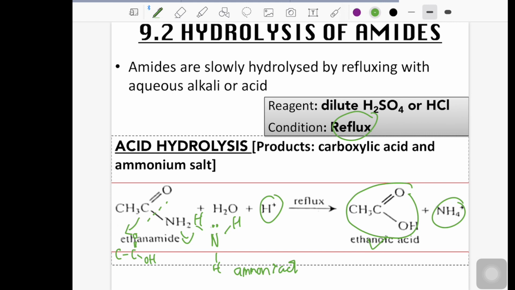So ammonia as a base will pick up the H plus to become NH4 plus. This happens to any amine that you use, whether it's ammonia, primary or secondary amine. If it is an amine, it will interact with an acid. If it is an acid, it will interact with a base.